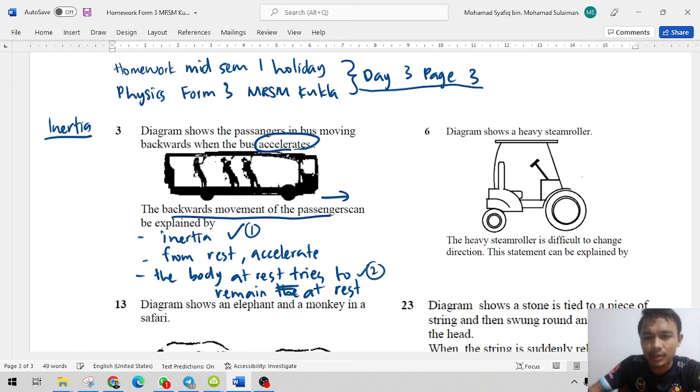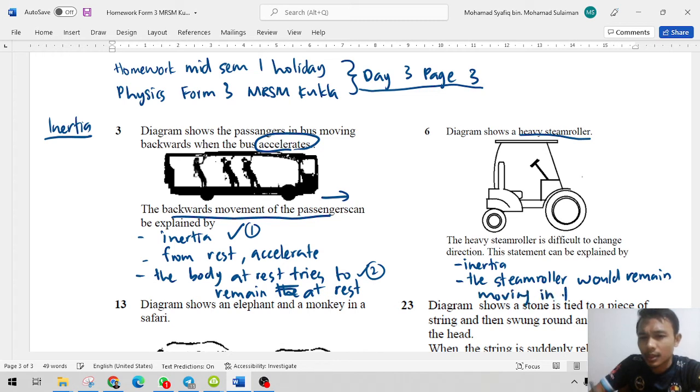So here is the second mark. Okay, so we have a heavy steam roller, difficult to change direction because of inertia. Because of inertia, the steam roller will remain moving in the same direction.